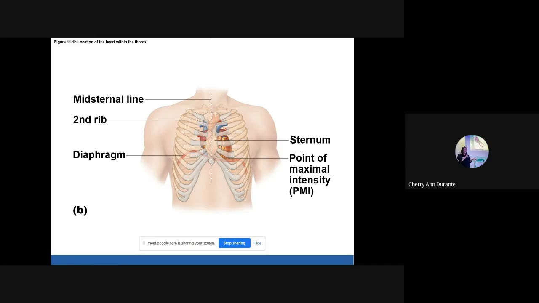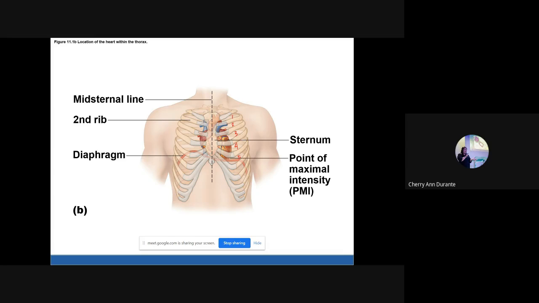So, dito po, importante kasi ito binibilang natin. So, halimbawa, ikaw po may nakita kang patient and gusto mong mapakinggan ang kanyang heart rate at the point of maximal impulse or PMI or point of maximal intensity, bilangin mo yung ribs niya, yung pagitan. 1, 2, 3, 4, 5.